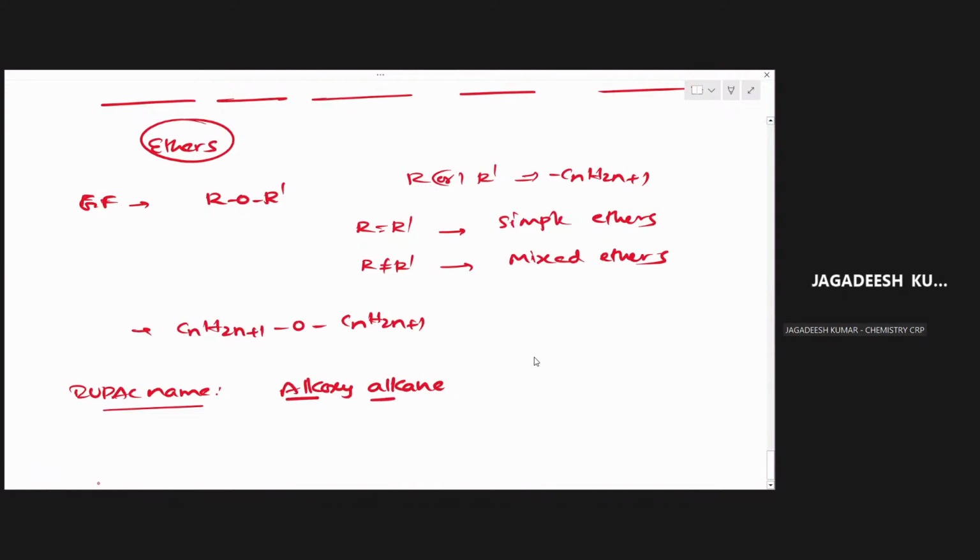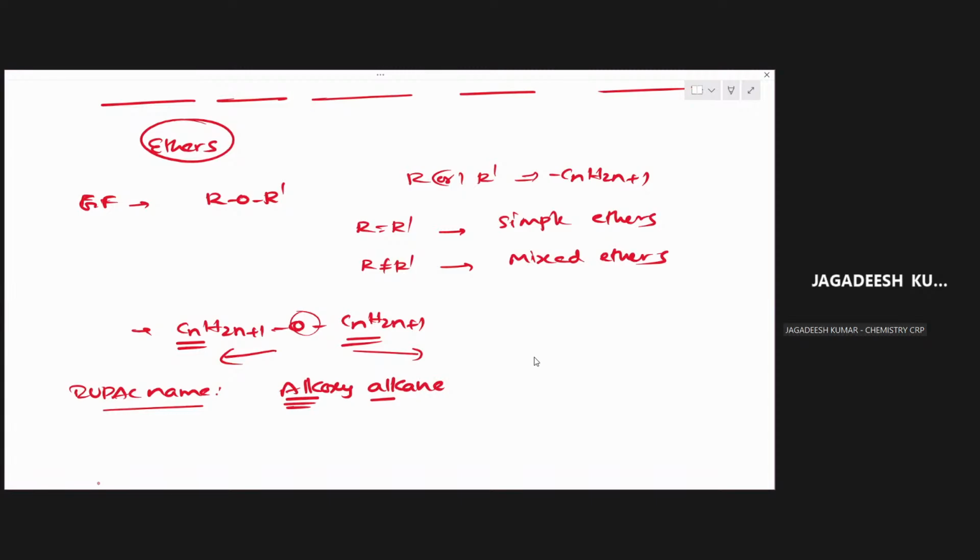Why two root words? Because these carbons are separated by oxygen. This is not a continuous carbon chain. A few carbons are on this side and a few on the other side, separated by oxygen. The chain is broken because oxygen is present between them. That's why we have to use two root words. But you can ask one doubt here: if the numbers of carbons are different, which root word do we take?